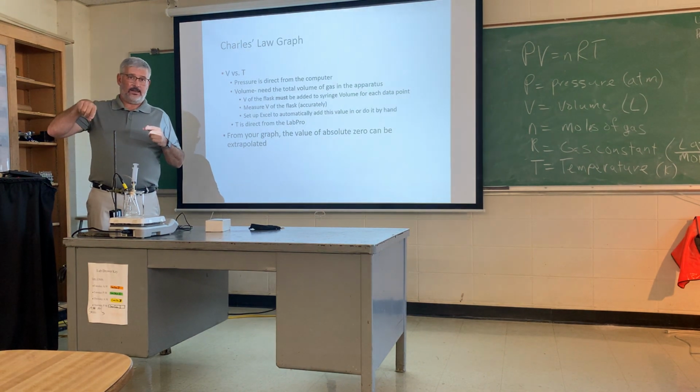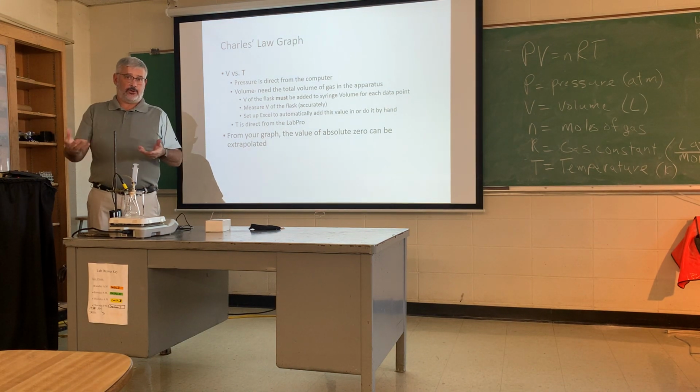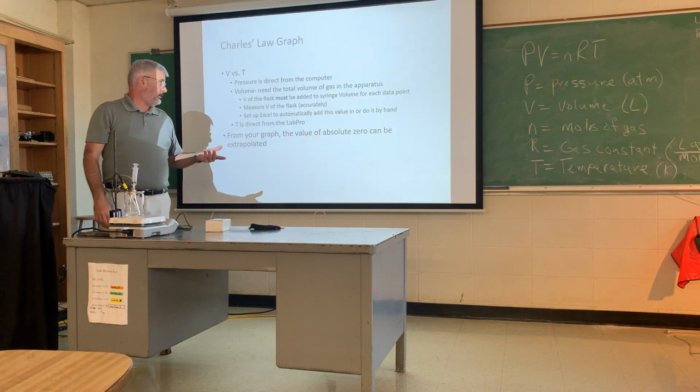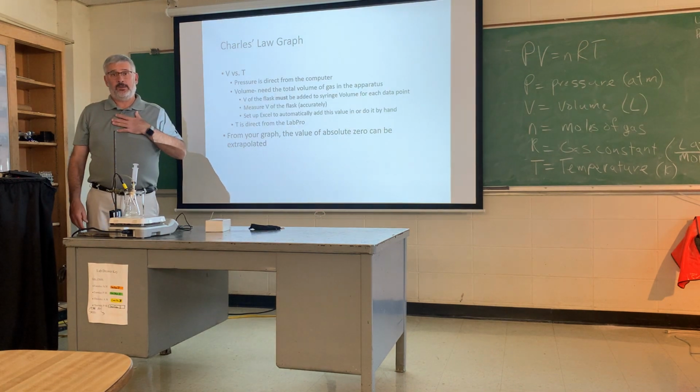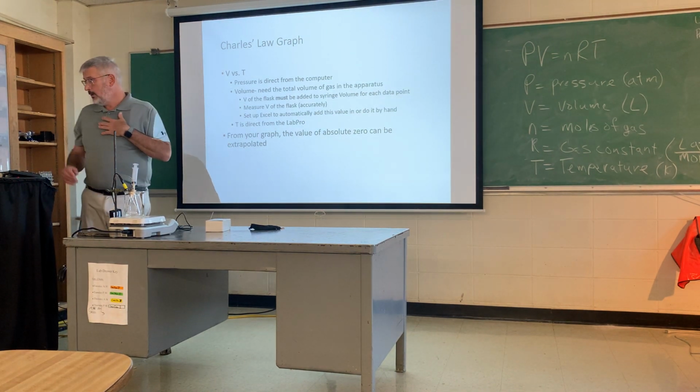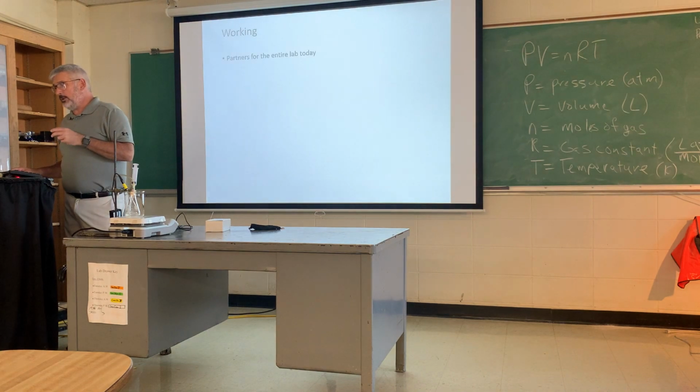And so when we see that intercept with the x-axis, then that temperature should represent absolute zero, all right? Because we can't have a negative temperature. And so anyway, those are our 2 purposes in the lab.